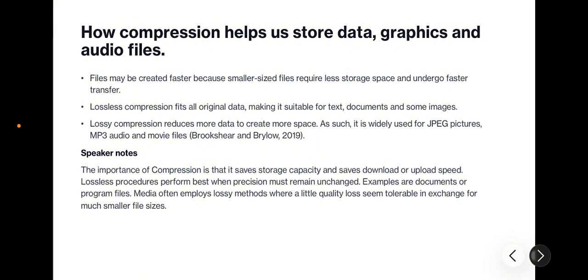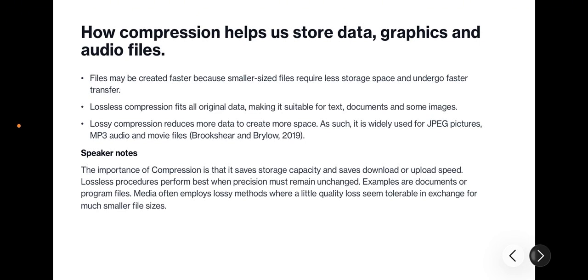How compression helps us store data, graphics, and audio files. Files may be transferred faster because smaller files require less storage space and undergo faster transfer. Lossless compression preserves all the original data, making it suitable for text, documents, and some images.